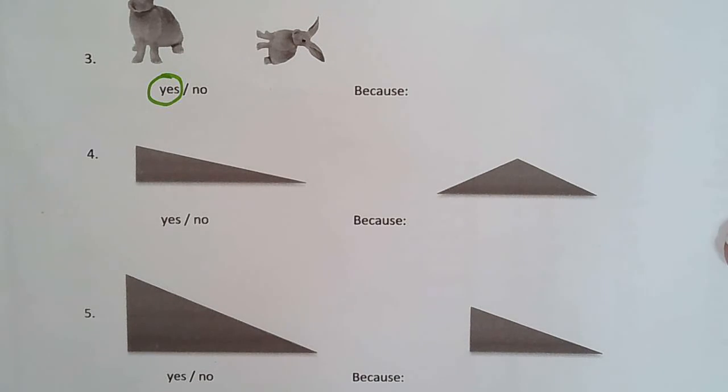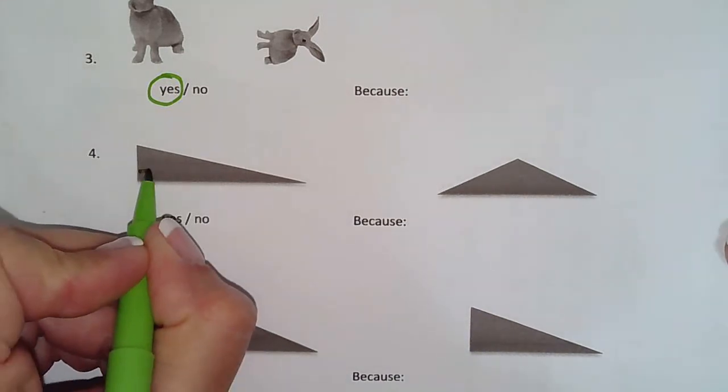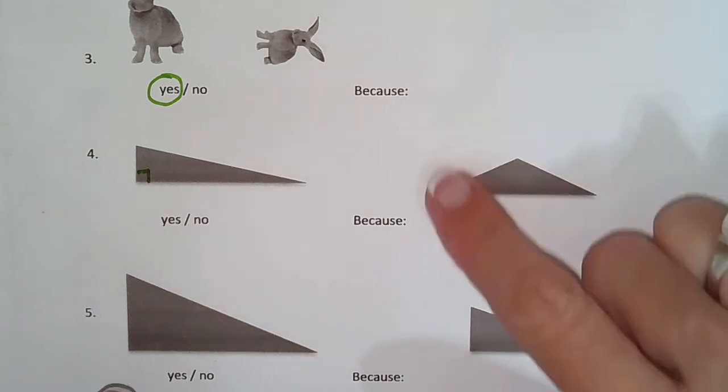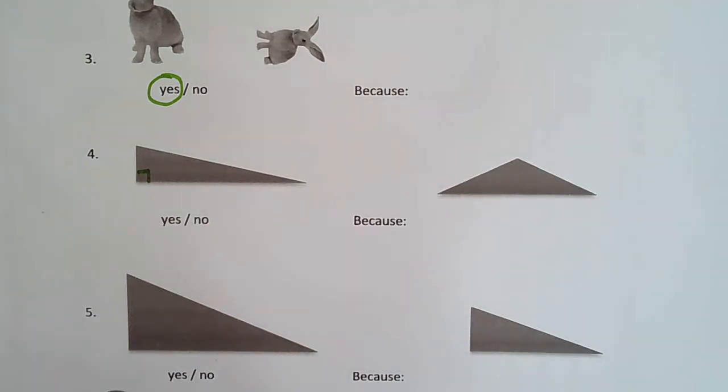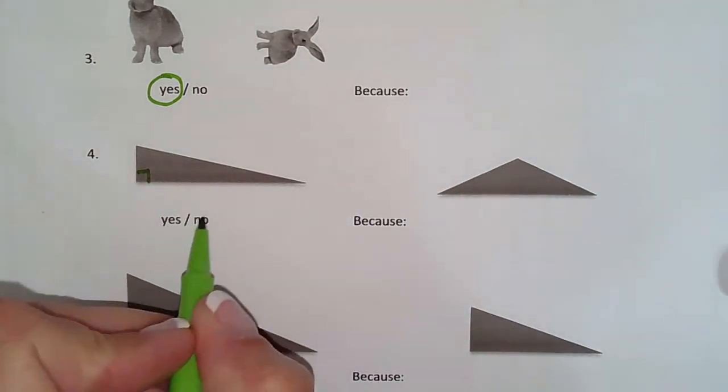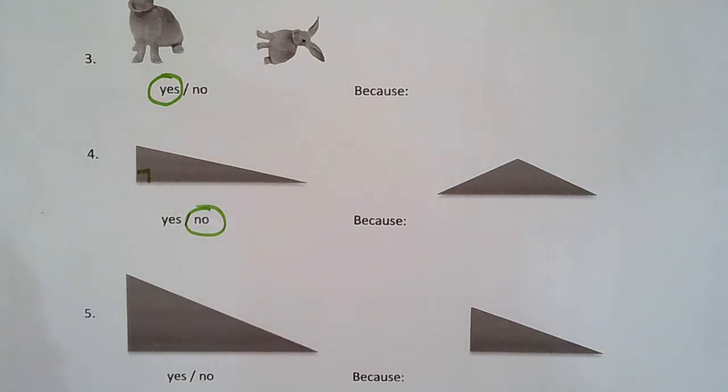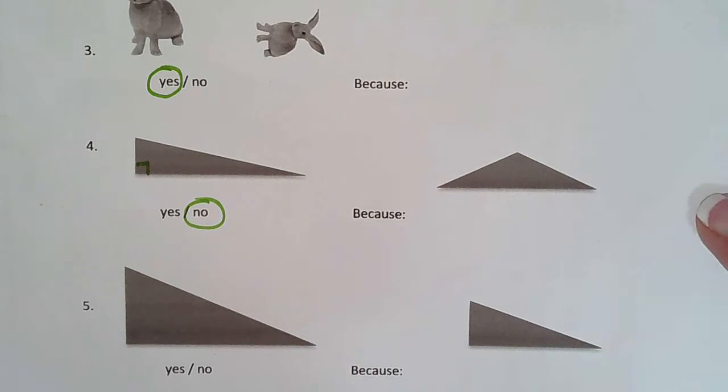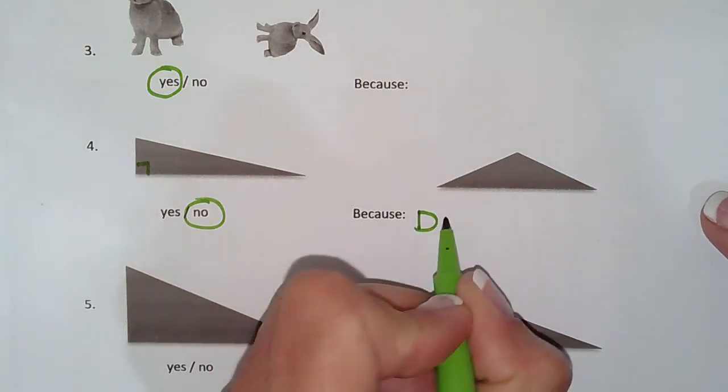So what do you think here? This appears to be close to a right angle, but look at, I don't have a one that appears to be close to a right angle, so that would be a no. What should we say? Different types of triangles.